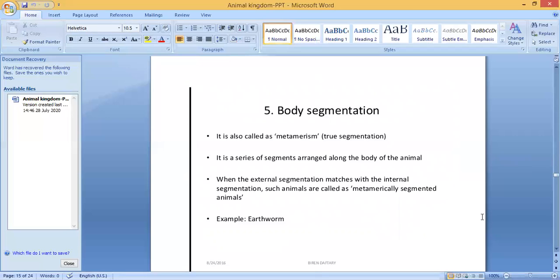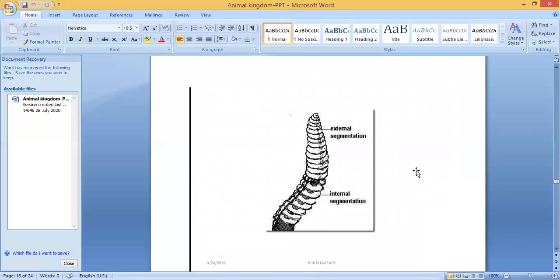When the external segmentation matches with the internal segmentation, such animals are called metamerically segmented animals. Example, earthworm. I'll show you the figure. Look at this, you can see here these are the segmentation.